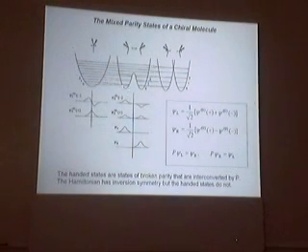But if it's localized in, say, the left well, that would be its wave function, the sum of those two wave functions. So psi left is that even parity function plus that odd parity function. If it's localized on the right side, then it's the even parity function minus the odd parity function.